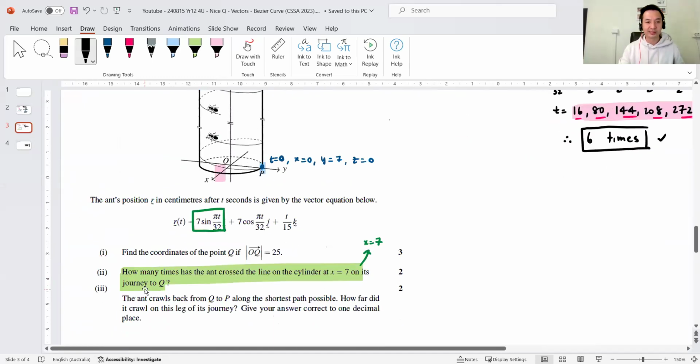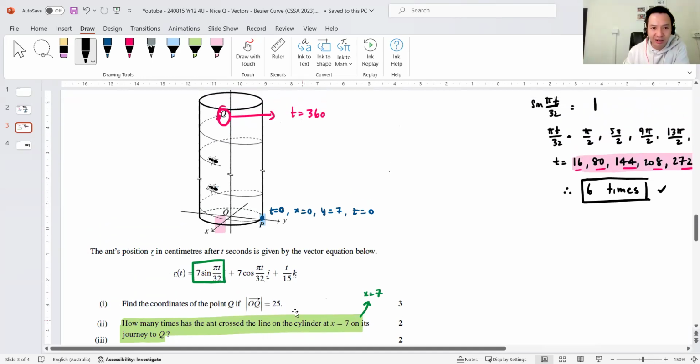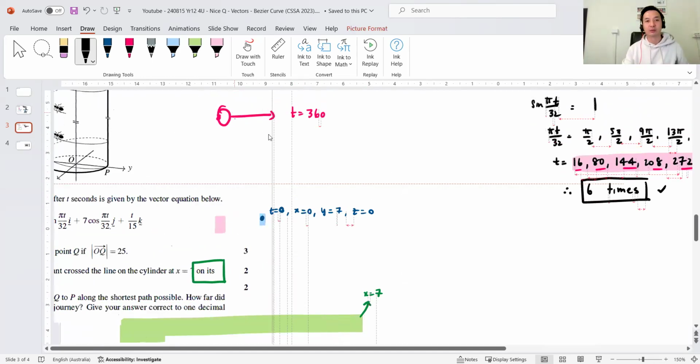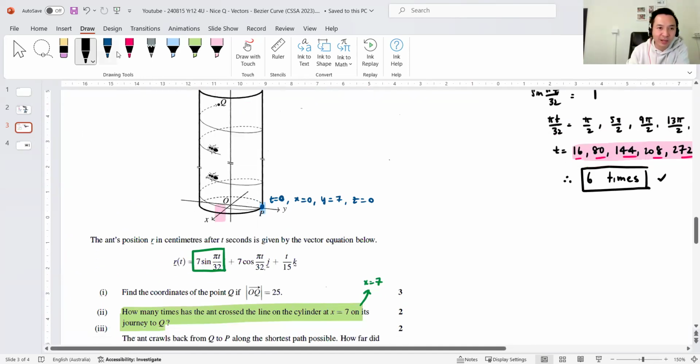Question 3. Now let's see. The ant crawls back from Q to P along the shortest possible path. Now, where is that? If you can imagine, if I'm the ant at Q, which I know has the coordinates negative x, negative y, positive z, so it's actually in the third octant, over to the bottom left.